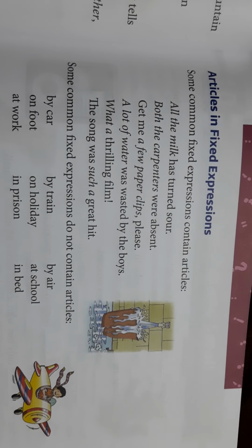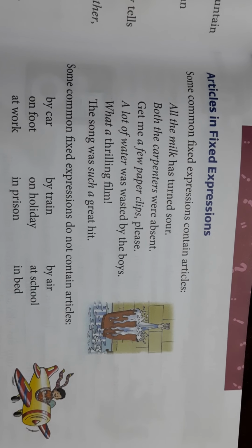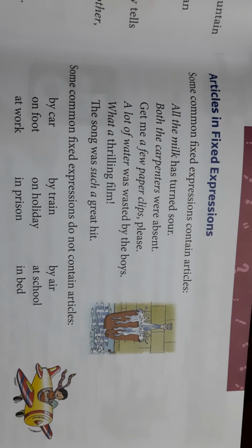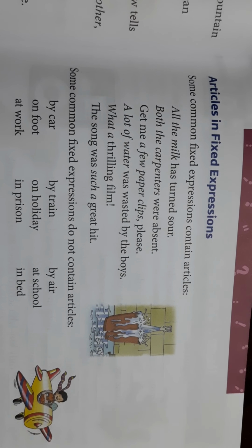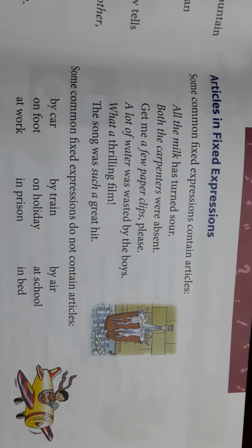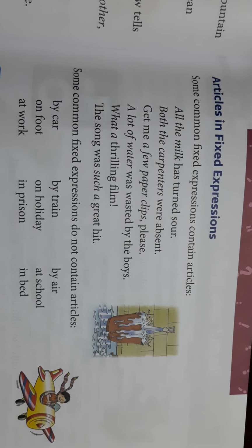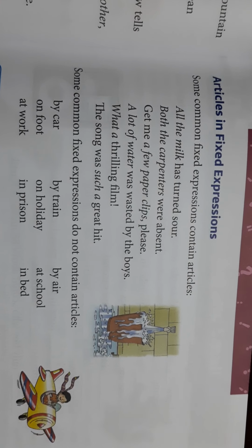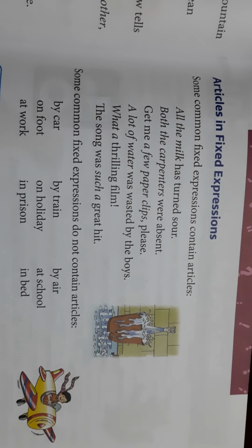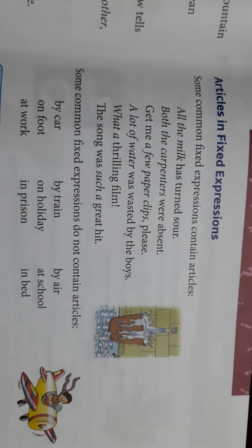In fixed expressions, some common fixed expressions contain articles like all the milk has turned sour. Both the carpenters were absent. Means in common we are making use of the article. For milk, all the milk has turned sour. Or instead of saying the carpenter and again the carpenter, we say both the carpenters were absent.